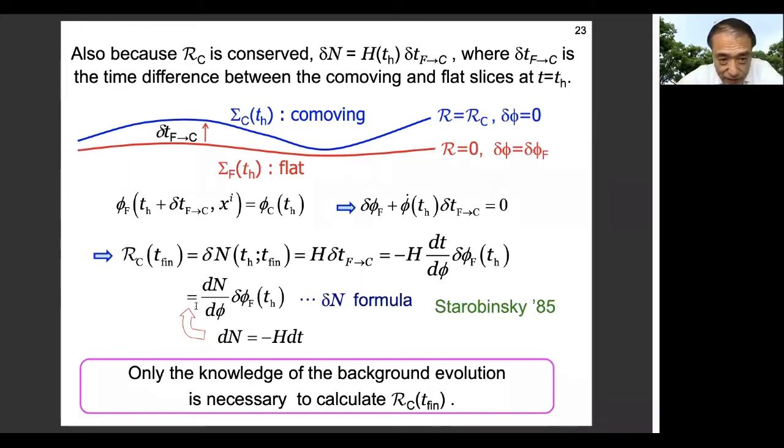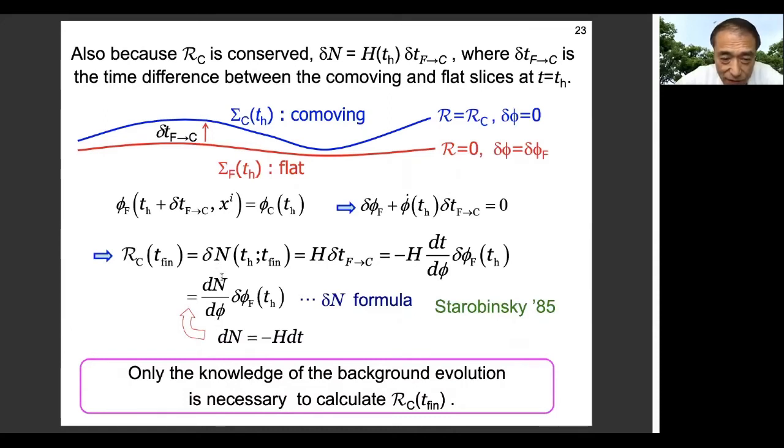So anyway, the important point is that what you have to compute is the fluctuations of the scalar field inside the horizon. And as soon as it goes out of the horizon, you forget about any fluctuations, perturbation equation, anything. The only thing you have to know is the background equation, the relation between n and phi.